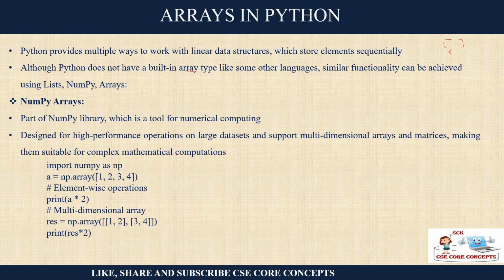If you are putting a curly bracket, you understand that this is a set. So this is what is there inbuilt: your set, dictionary, list, tuples, they are inbuilt. But array is not an inbuilt type, though you can achieve something like an array using some other functionalities.